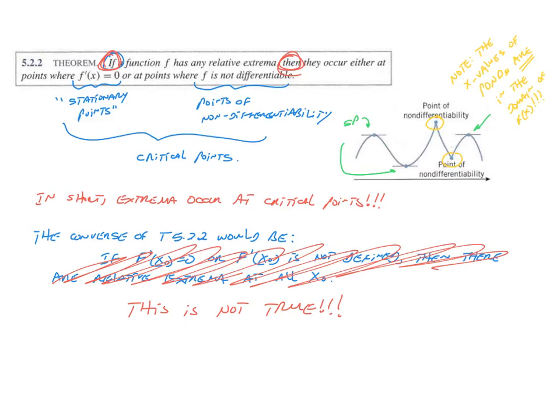You have to double check that they're in the domain. Oftentimes, the derivative winds up being undefined, like on a vertical asymptote, where a function would be undefined. So it makes sense. You can't get lulled into thinking, oh, just because the derivative's not defined, that must be a point of non-differentiability. No. You have to double check that where the derivative is undefined is on the function. If it is, then it's a point of non-differentiability. If it's not, then it's just a point.